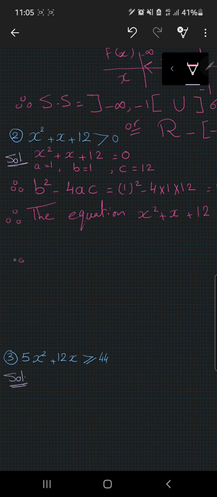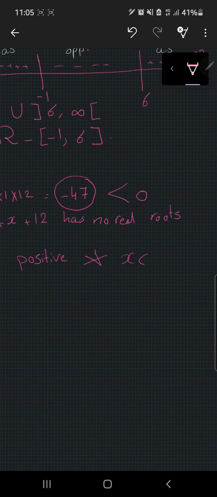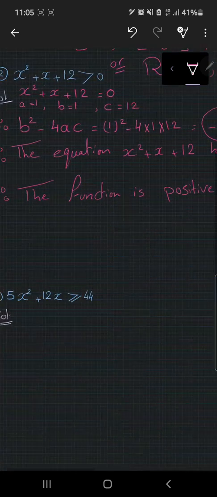So the function is positive for every x belongs to R. Why positive? Because the coefficient of x power 2 is positive.